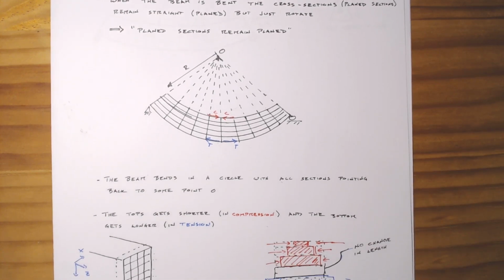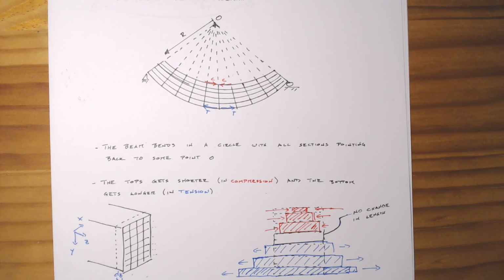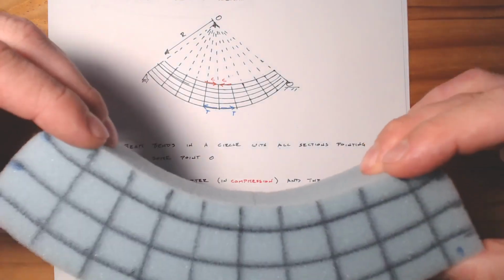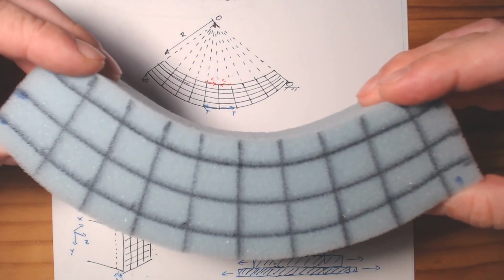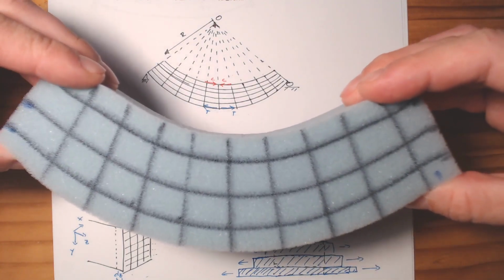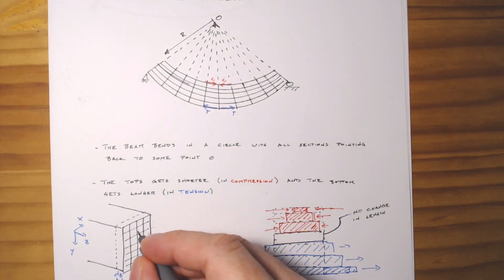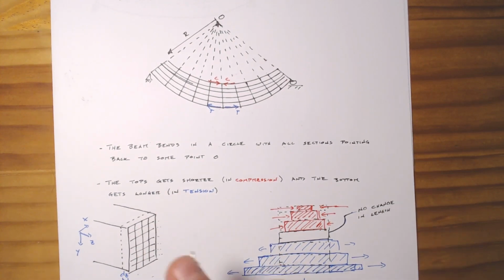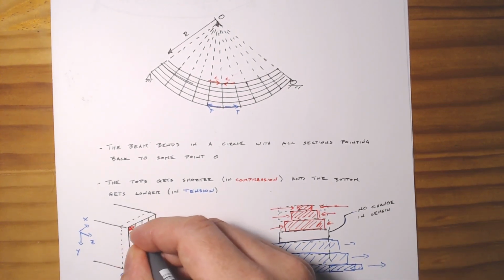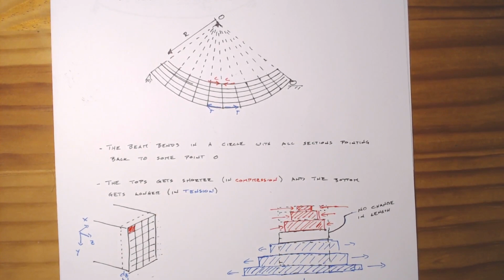The next thing that we can think about is really what's happening to this cross section. So, as I said, if we're bending it, pure bending in this direction, the top is getting shorter and the bottom is getting longer. But if we take this section, we cut it up, and we have some little cross section area in there.